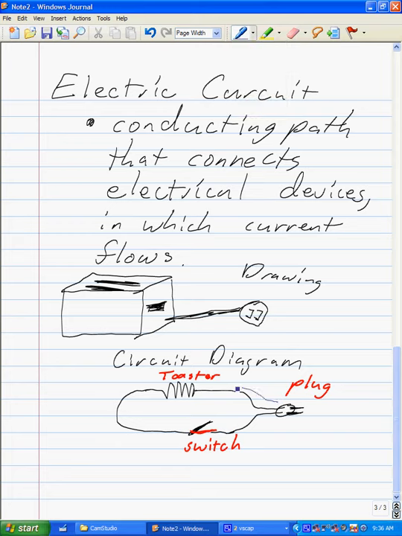So a closed switch creates a closed circuit. When there's a closed circuit, there's a path for the electricity to flow.